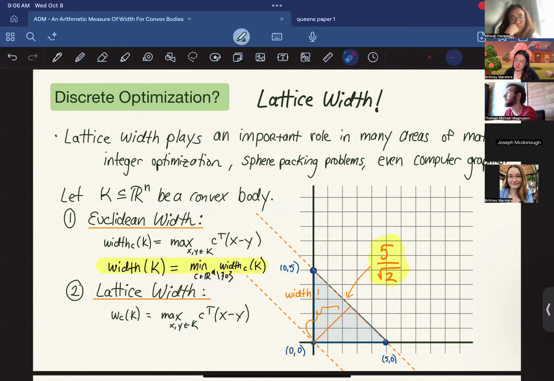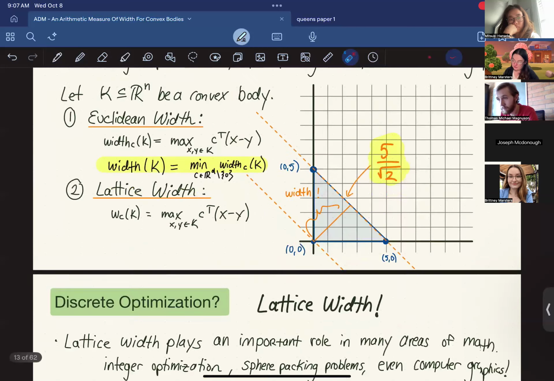And it's not too hard to see that when you have a polytope, you're going to get one that's parallel to a facet here. And so this is going to be our Euclidean width here, 5 over root 2. And you can figure that out with whatever high school or vector calc you want to use, high school geometry.